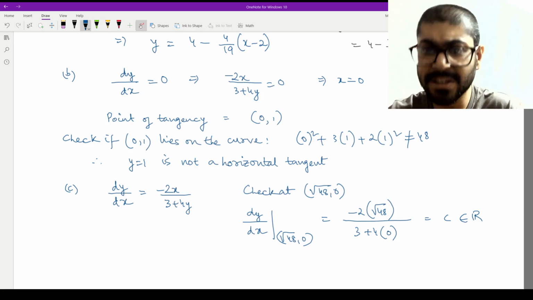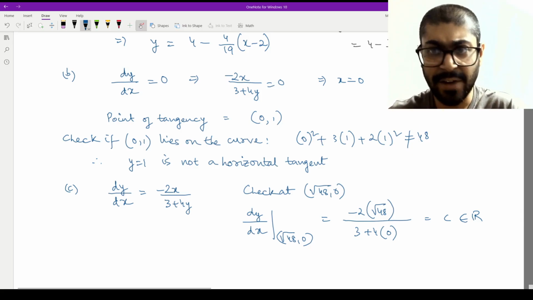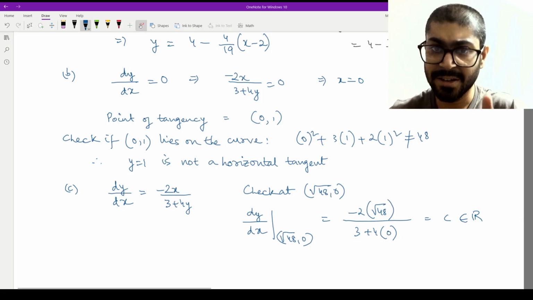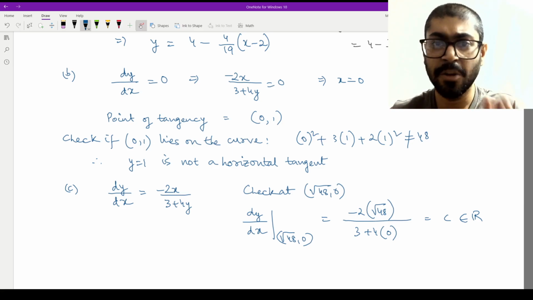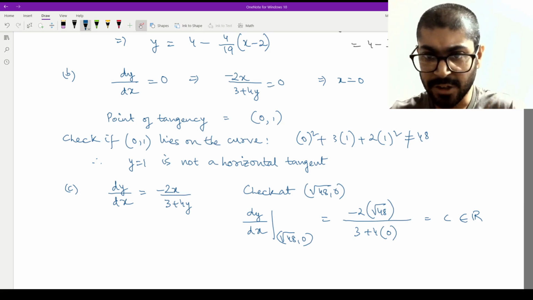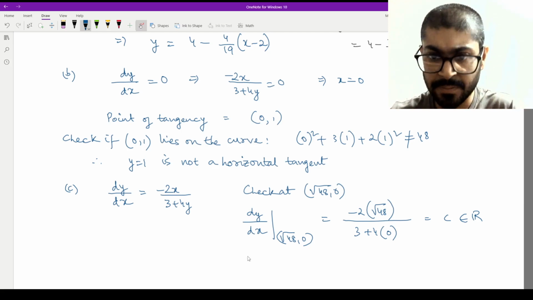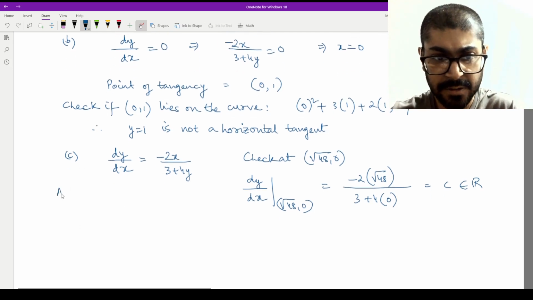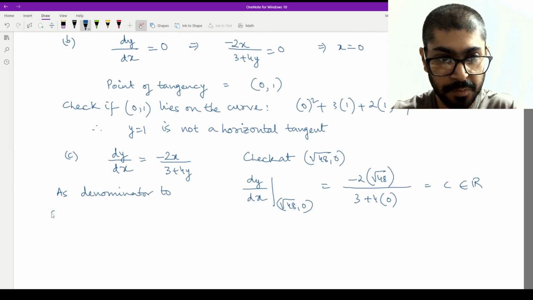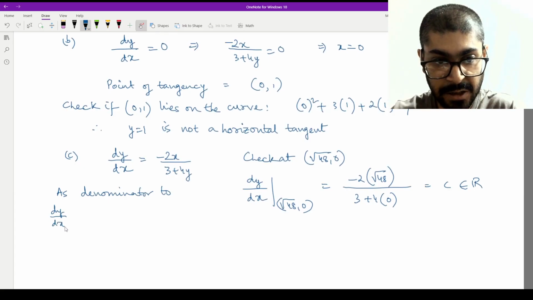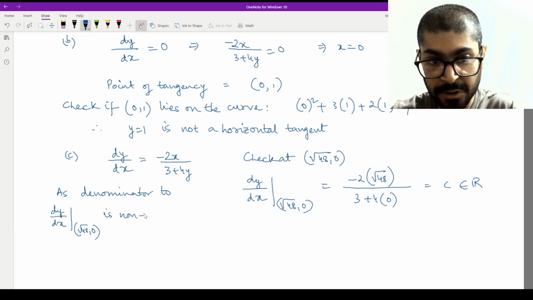So you can use this line of reasoning. They have accepted this line as the official answer. You can say that the denominator of derivative is non-zero. Therefore, the line tangent to the curve is not vertical, as denominator to dy dx at root 48 comma 0 is non-zero.